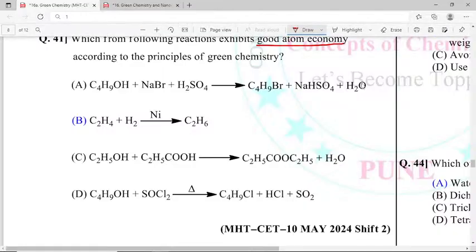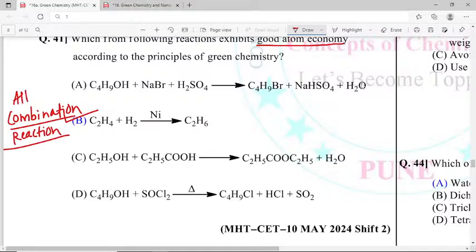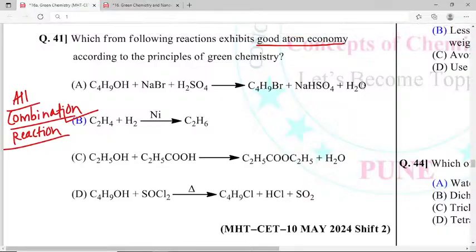Always remember, a combination reaction has good atom economy. Please note. So what is your answer? Option B is correct.